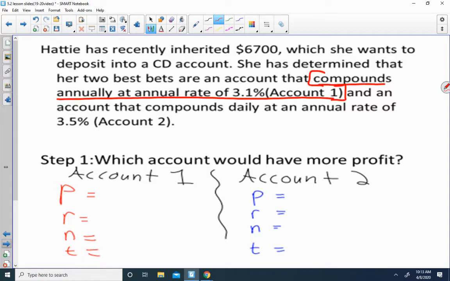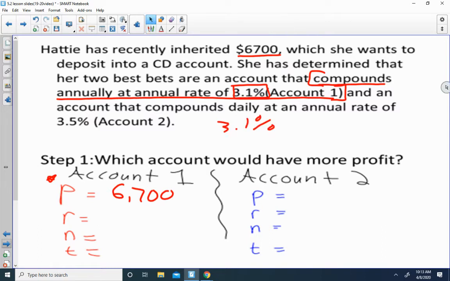First, let's determine the principal, or in other words, the starting amount. We've already been told that she's inherited $6,700, so that's going to be the starting amount. Then the rate is 3.1%. I got to warn you here, though. We can't enter the rate as a percentage. We have to change it to a normal decimal.